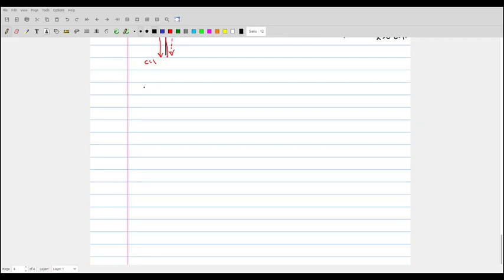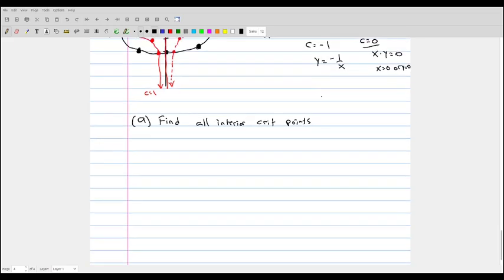So the first step for this function is to find all interior critical points. And this is done by searching for points of both type 1 and type 2. We don't expect there to be any critical points of type 2.